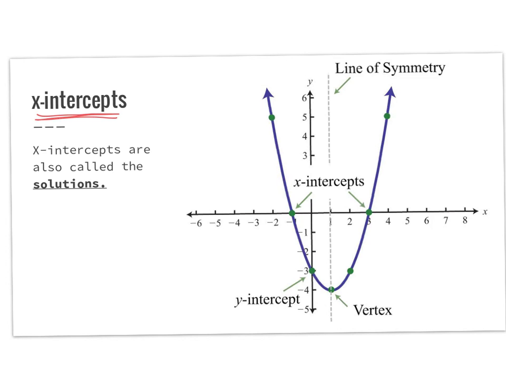So x-intercepts are also called the solutions, because when we try to find a solution of a problem, and if the problem could be written as a quadratic function, then what we are actually doing is looking for the x-intercepts, and these are the solutions to the problem. It'll be a lot clearer when we actually have a problem, but as of now, we just know that we call the x-intercept also the solution of a problem.